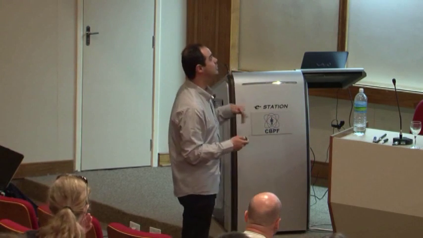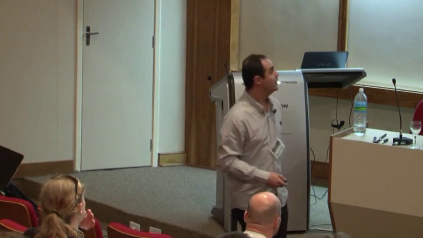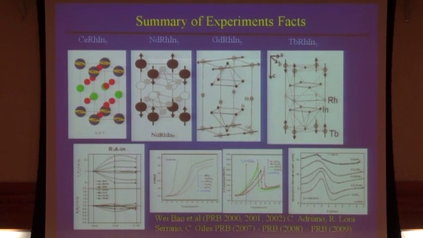So in order to try to understand that, we studied all the magnetic structures and tried to make a correlation between the magnetic structures and the behavior of the T_N. And we find that compounds that show the moment aligned along the c-axis, like neodymium and terbium, show an increase of T_N. And the ones that show the moment in the plane show a decrease of T_N.